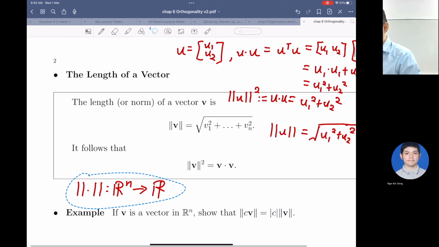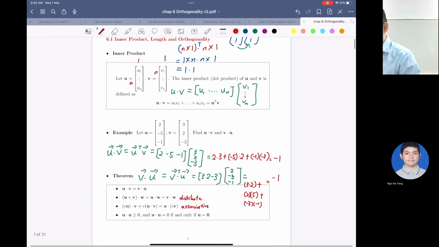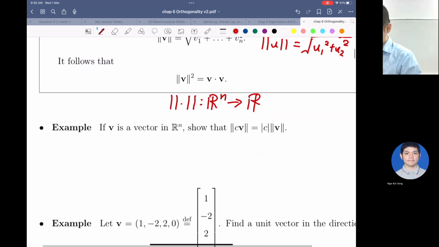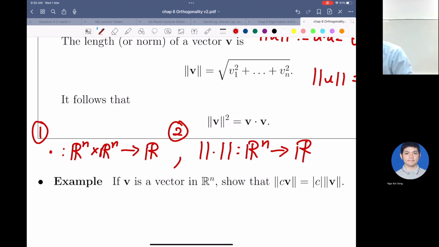Just now we got an inner product, a dot, from Rn times Rn to R. First we got a multiplication: I give you two vectors in Rn, you give me one real number.